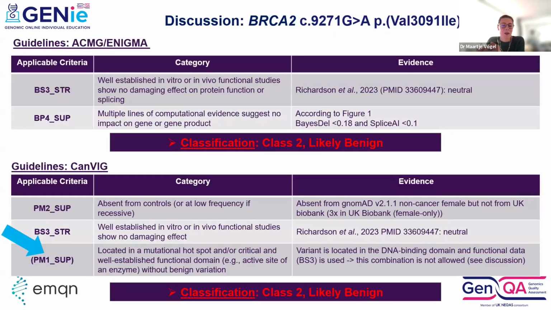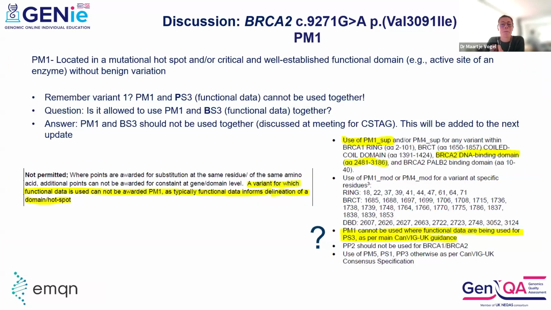Then there's a piece of evidence that we had quite some discussion about, and that is PM1 sub, which you can or cannot use when you use the CAMFIC guidelines, and I'll discuss that. Next slide, please. So PM1 is the evidence, the code that you use when you have a variant that is located in a mutational hotspot or in a well-established functional domain.